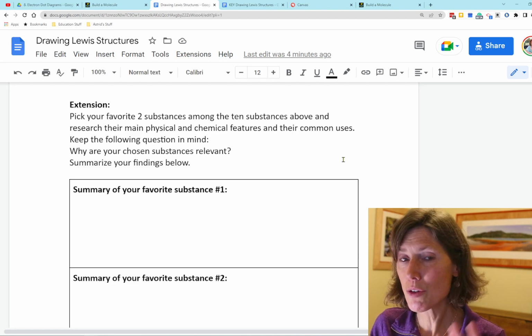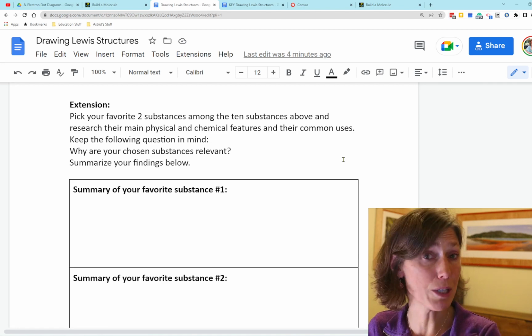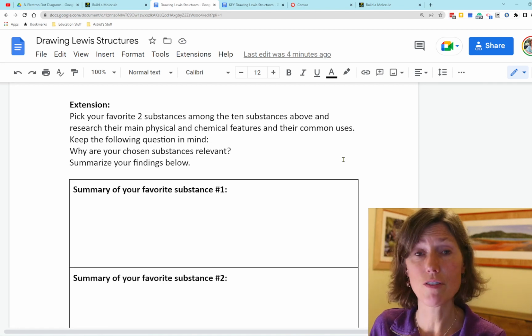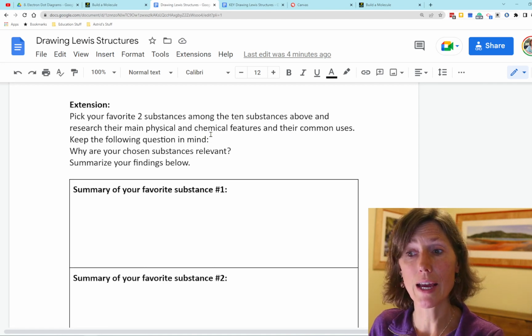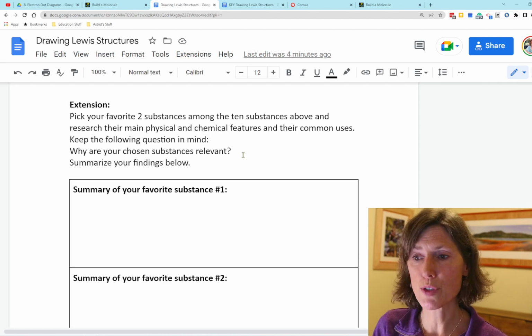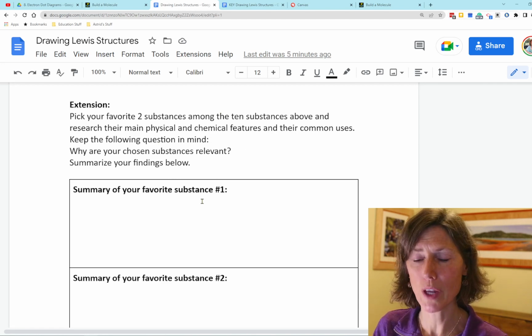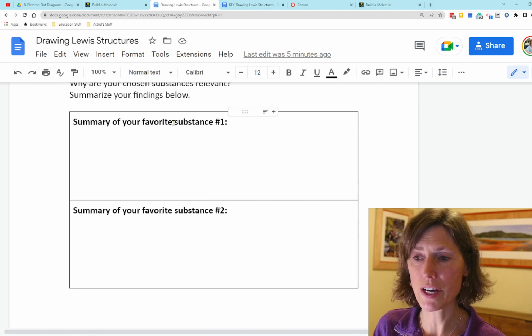And can you then make a relationship between possibly the polarity of the given substance and some of those physical features? And why are those chosen substances actually relevant? Why did I put them on this worksheet? Why are they important to know? And then they're going to summarize all their findings below.